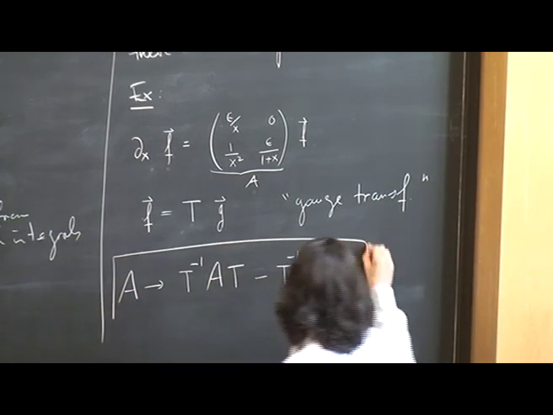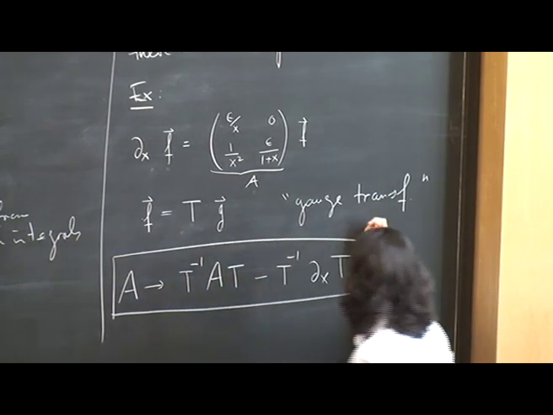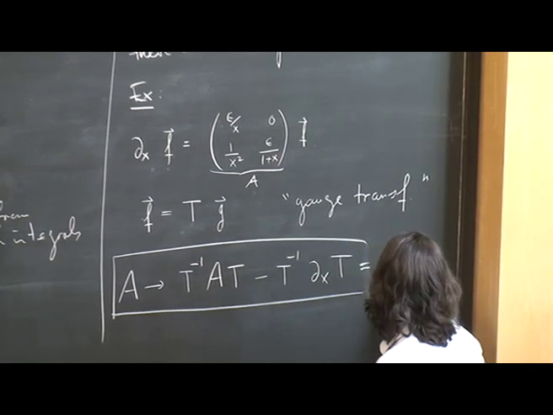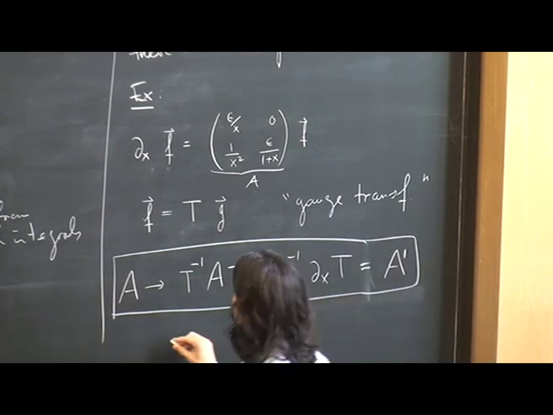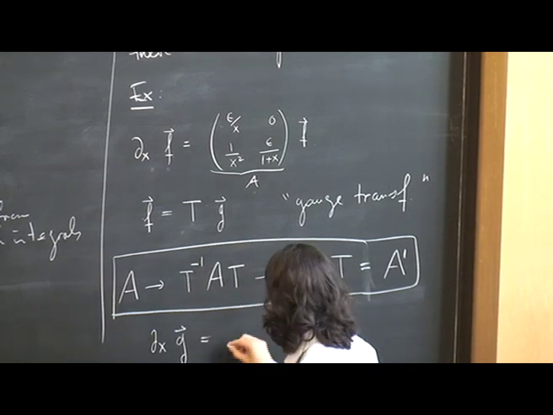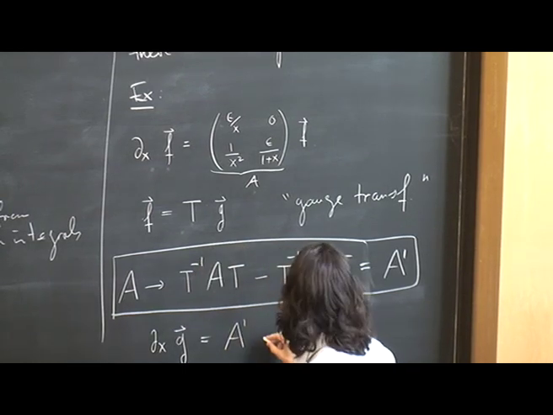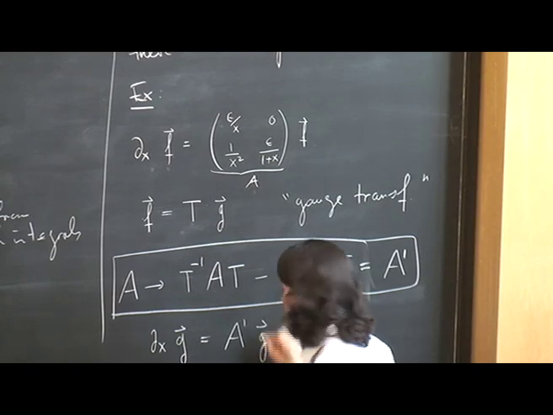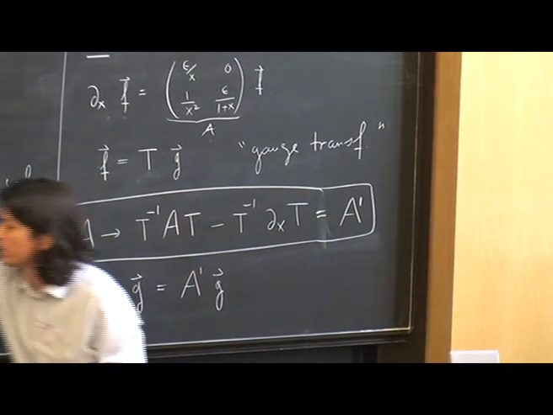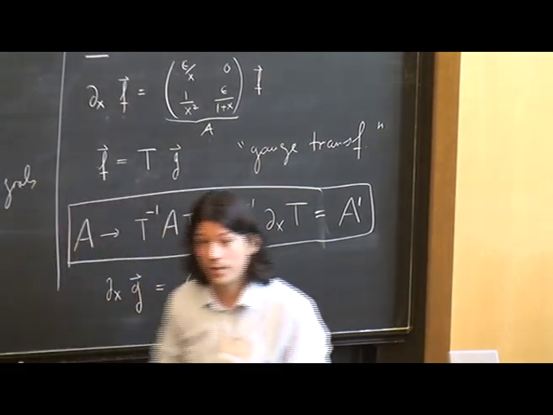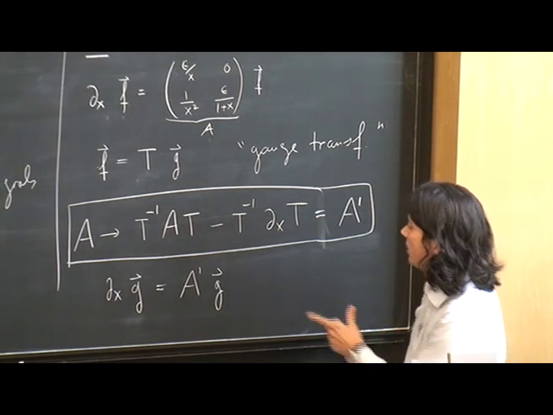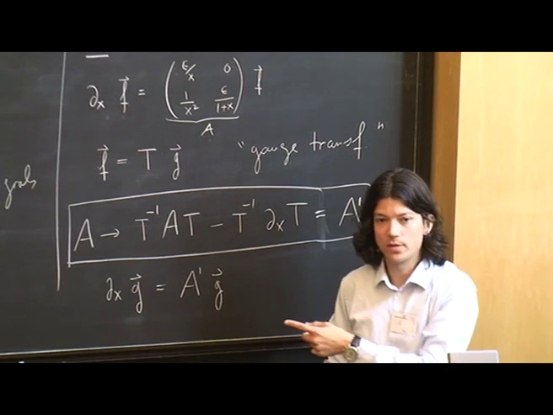Let's call it A prime. And so then we have a new equation, dx g equals A prime times g. So you see, what this means is that this notion of the degree of the singularity that we have here is only valid up to such gauge transformation.